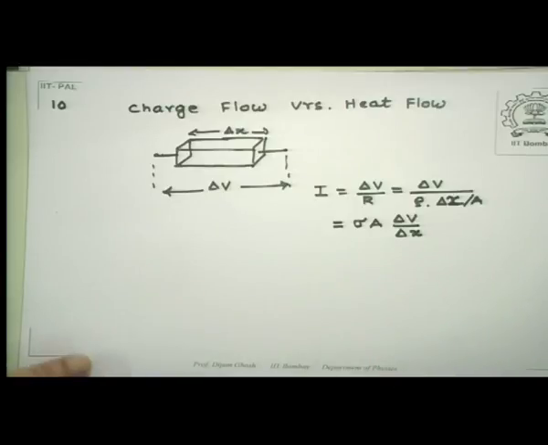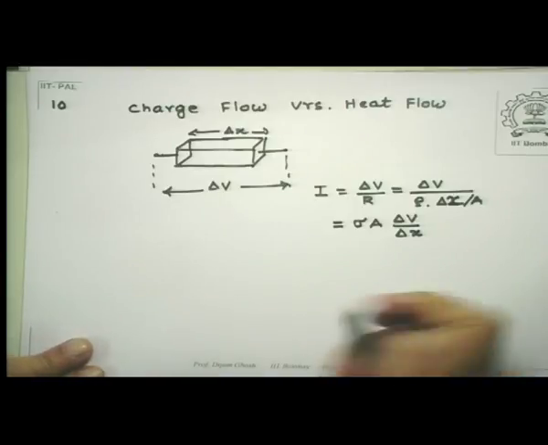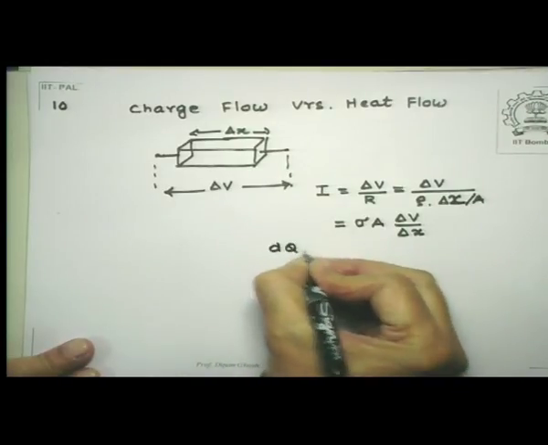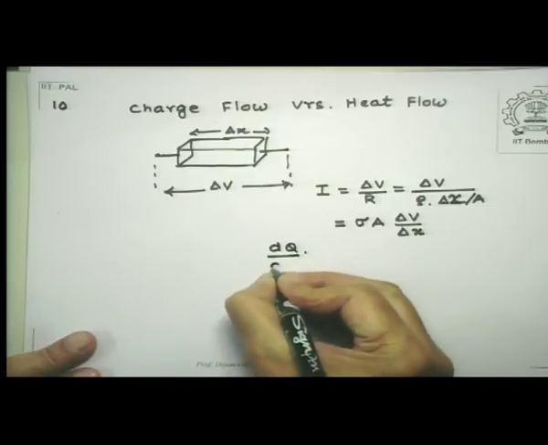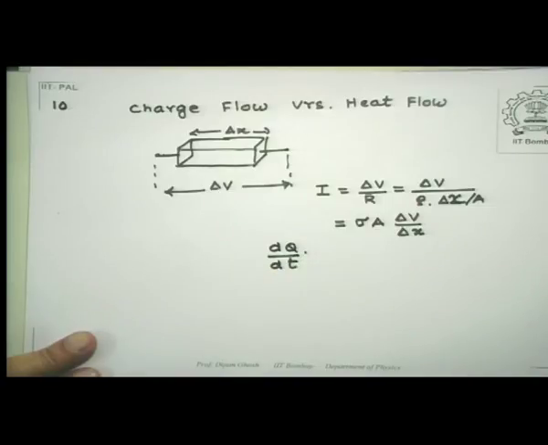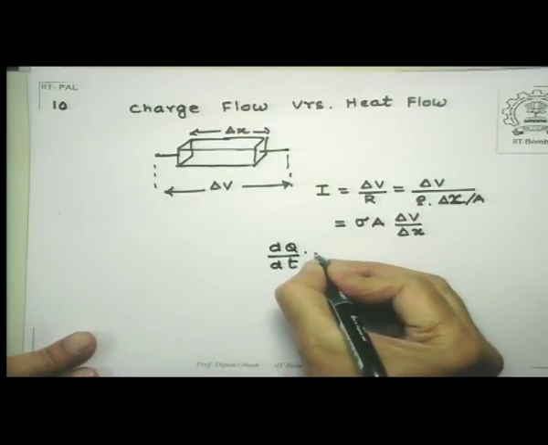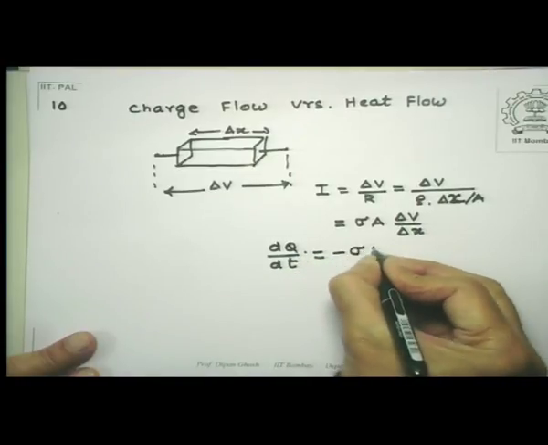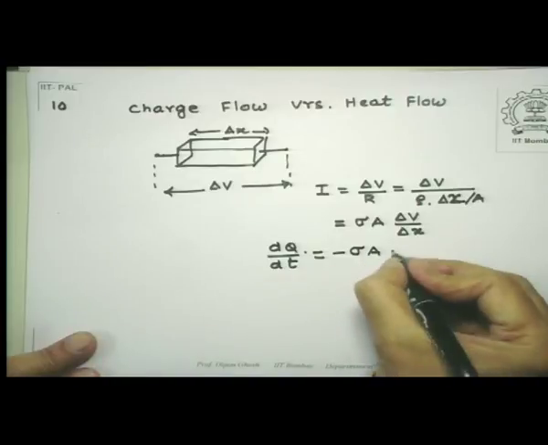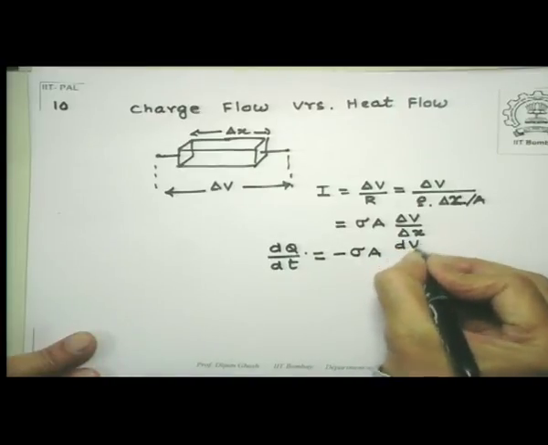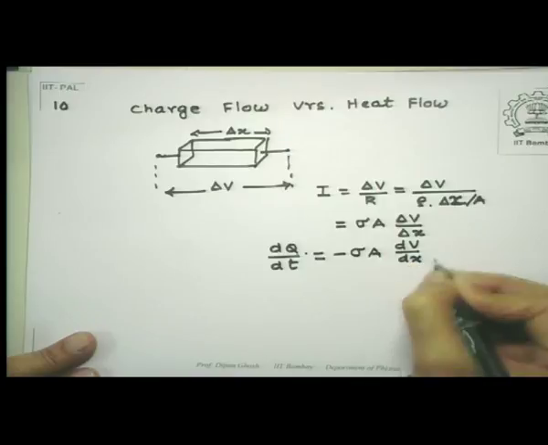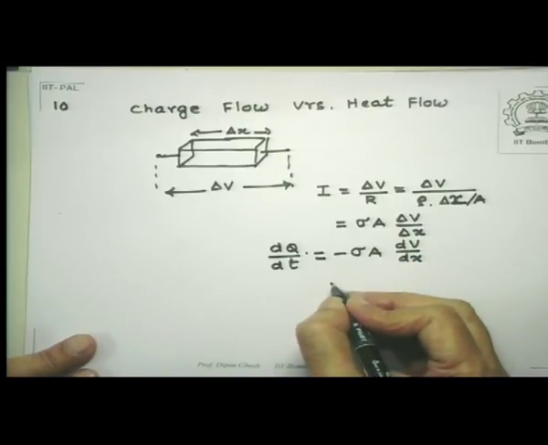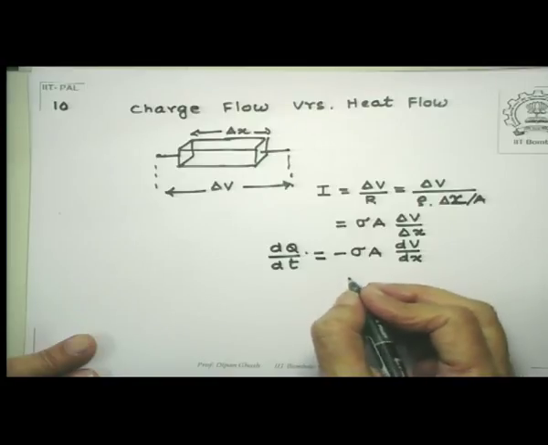Now let us recollect. Actually speaking, if you wanted to write this as a proper relationship, I will write dq by dt, which is my charge flow current, but I will put in a minus sigma A dV by dx, and that is because the positive charges move in the direction of decreasing potential.